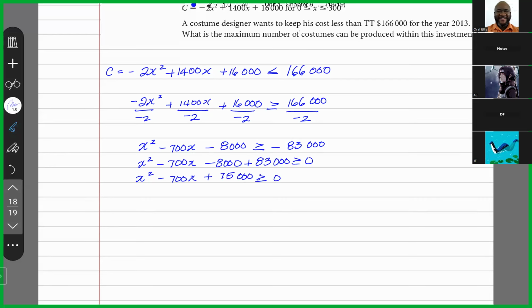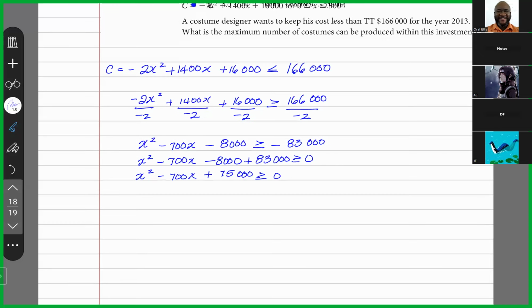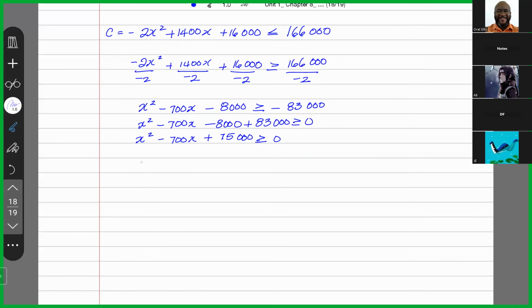So I'm not sure about this factorizing, so let's use the quadratic formula to solve x squared minus 700x plus 75,000 is equal to 0.